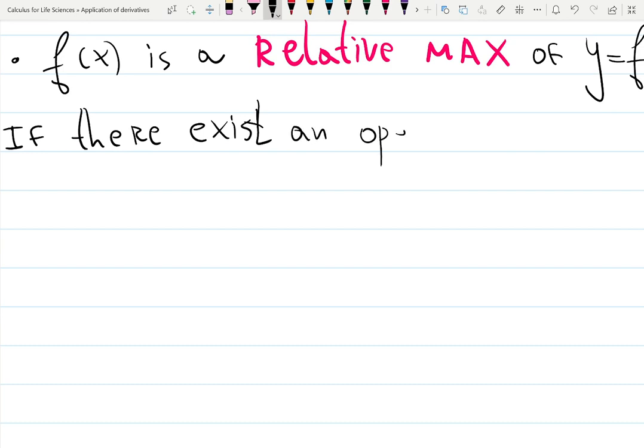an open interval I. Do you know what open means?